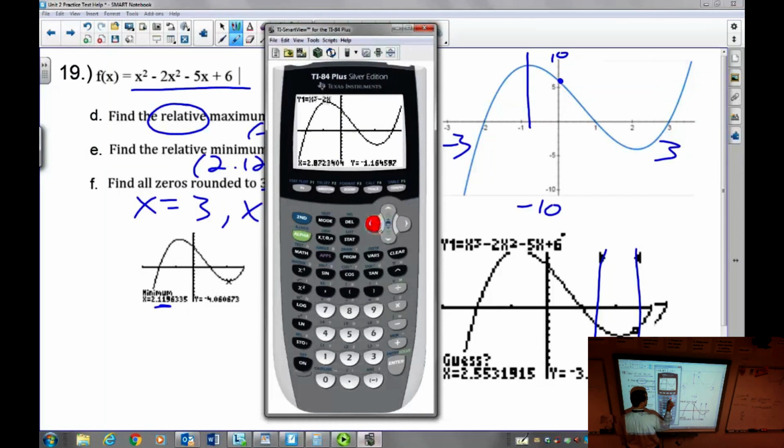So we'll push trace. If you're not sure, you can go to second graph or second table. And so we can see another 0 using the table at -2, at 1, and at 3. Everywhere y equals 0 is a zero. So it's the x-intercept, where it crosses the x-axis. That's at negative 2 and 1 and 3.